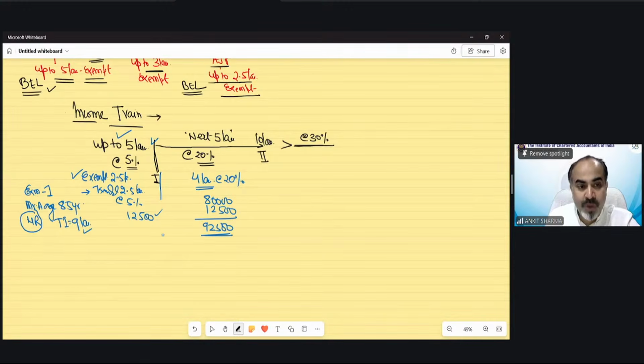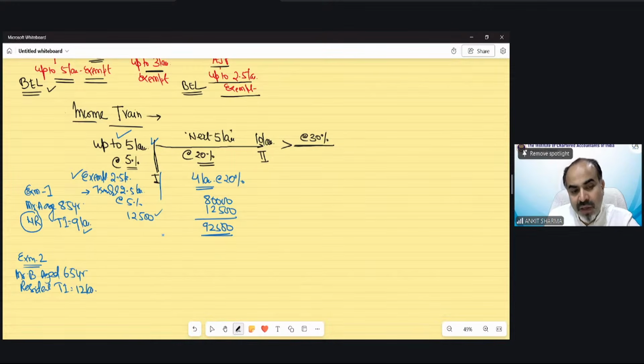Now example number 2, and I expect the correct answer in this case. Suppose Mr. B, age 65 years, resident. Total income is 12 lakh rupees.